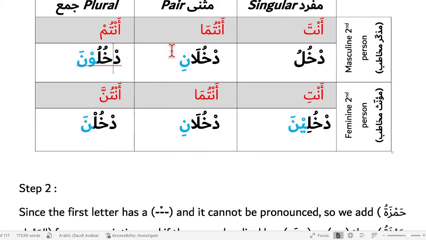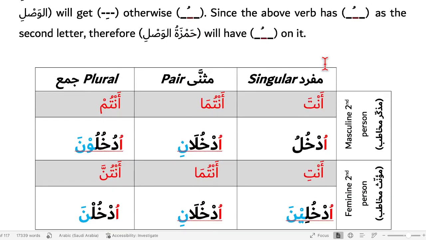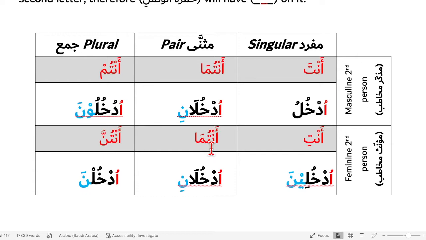Like in this case, the second letter has dhamma, so the alif haraka would be dhamma, like udkhul. So it becomes udkhulu, udkhulani, udkhuluna, udkhulina, udkhulani, udkhulna.